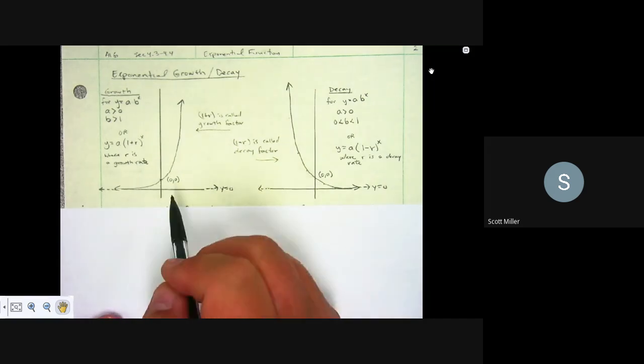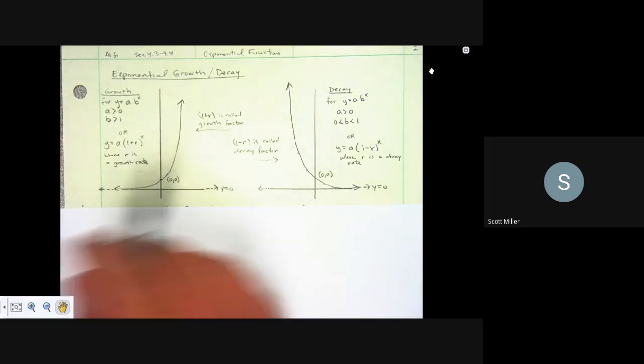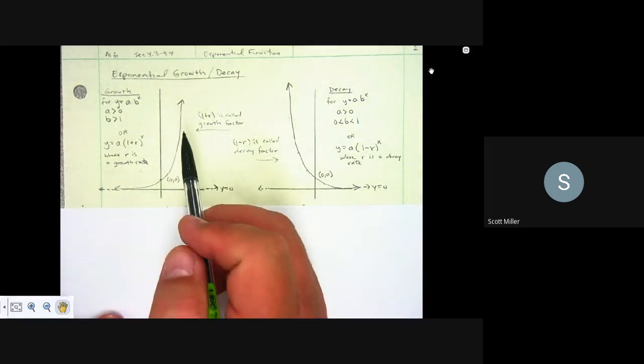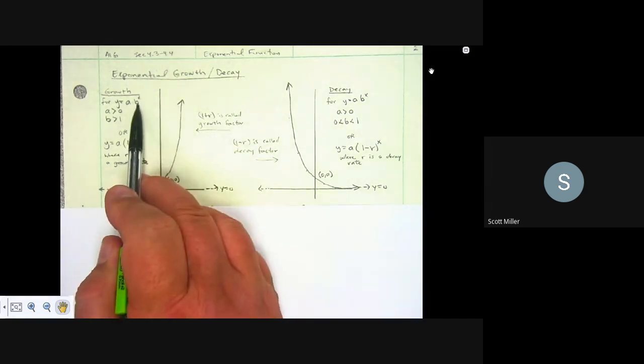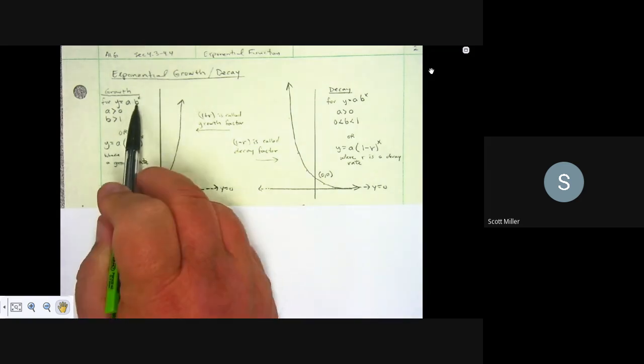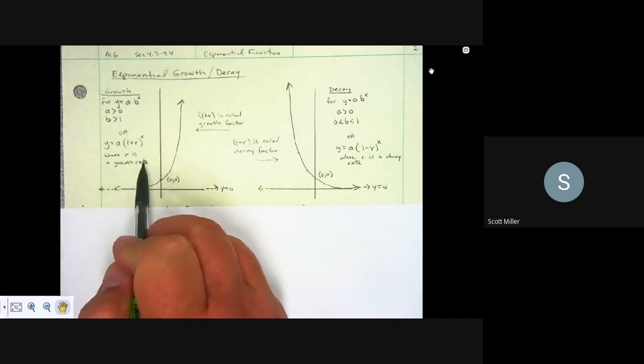Now, in real life problems, they sometimes give you information in terms of a growth rate. So if I use this for population growth of some type, then this equation modifies a little bit. It looks very similar, but the base number changes. The base number becomes 1 plus r, where r is called the growth rate. So they'll say the population is growing by 2% per year.